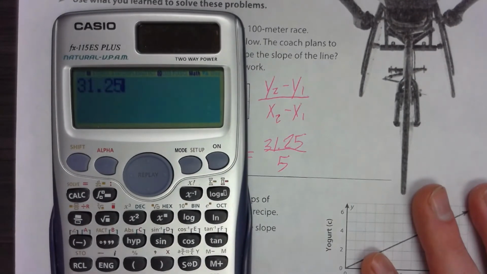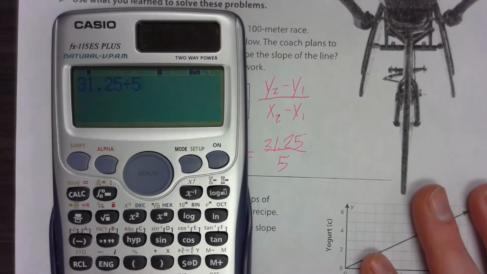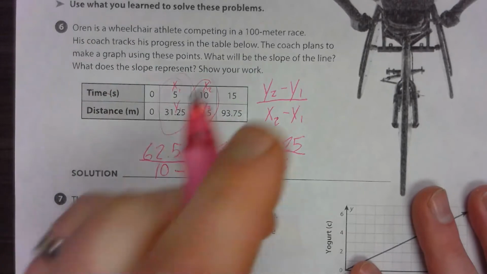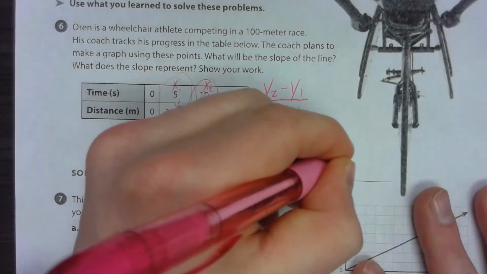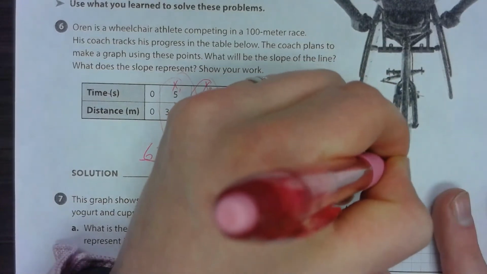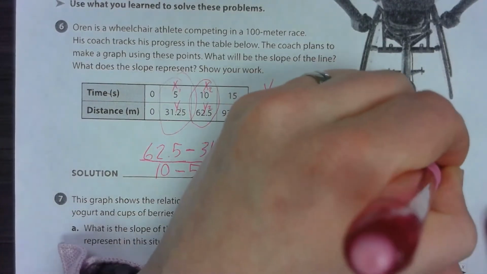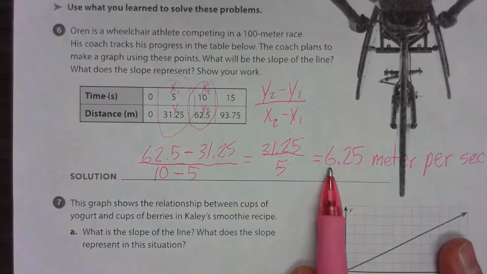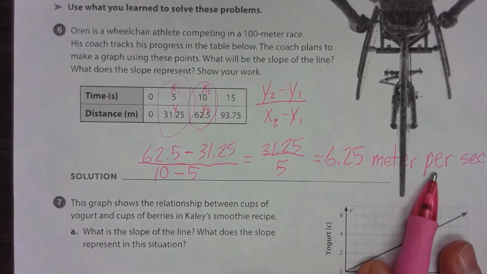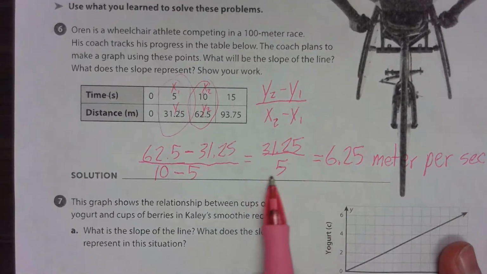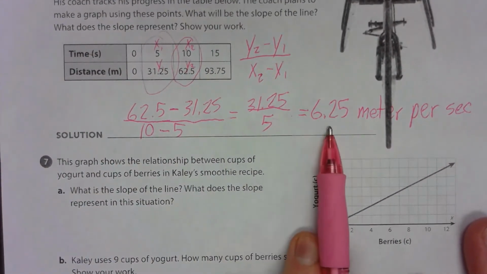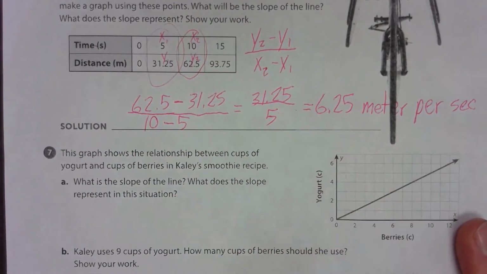So I can take 31.25 divided by my 5, and I get 6.25 meters per second, per 1 second, right? So he's traveling 6.25 meters per 1 second. And whenever we do this division, we always get that unit rate. And that is really helpful to know exactly how fast he's going per second.